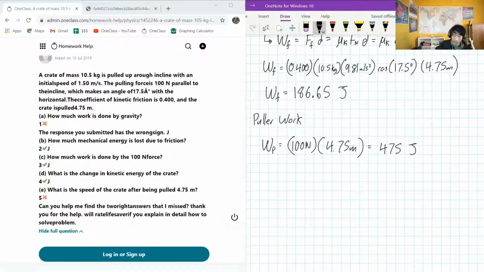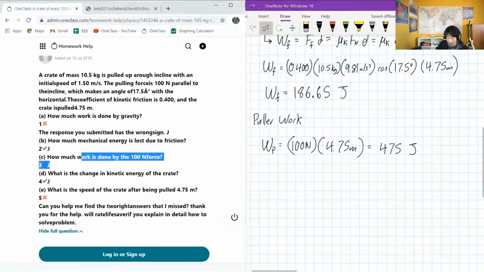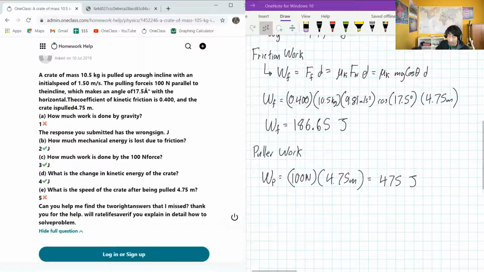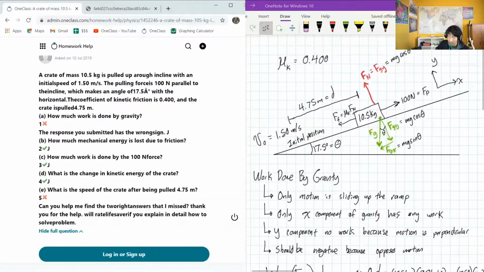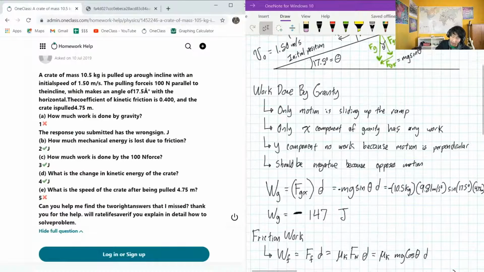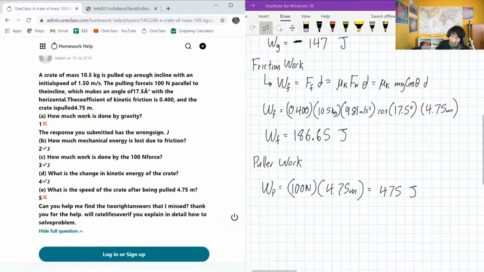Yeah, cool. The next thing is, what is the change in kinetic energy of the crate? So the change in kinetic energy is going to be the work done by the puller minus the work done by friction minus the work done by gravity. Okay, so all of these questions are actually very tightly related.